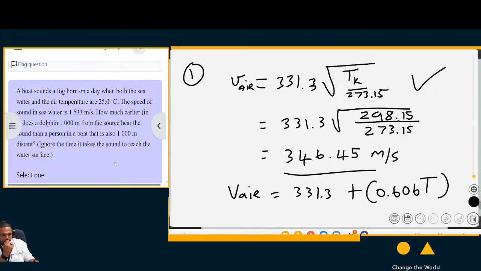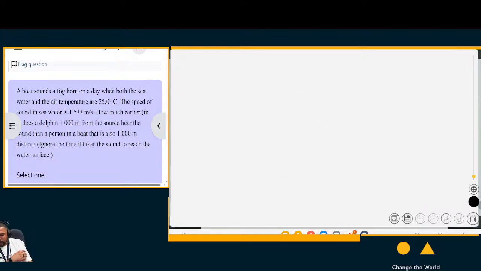That is the same formula. It's just that we get all of the constants out of the way quickly. So we just plug in temperature and then add that. The exact same formula. If you were to work it that way, you would get the exact same value too. So now we have the speed of sound in air.